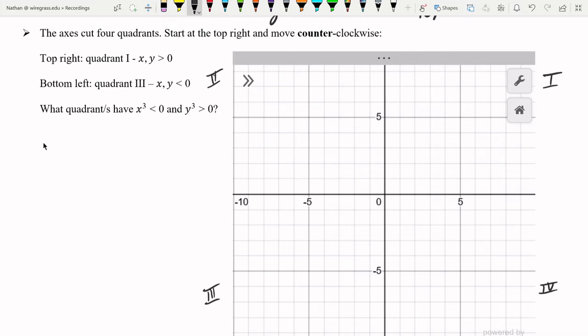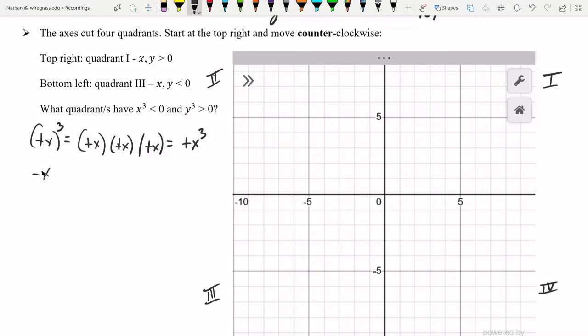If we plugged a positive x into x cubed, we would get positive x times positive x times positive x, which is just positive x cubed. This is greater than 0. If you plug in a positive x, you get a positive x cubed, and that's greater than 0. That's not what we want. We want less than 0.